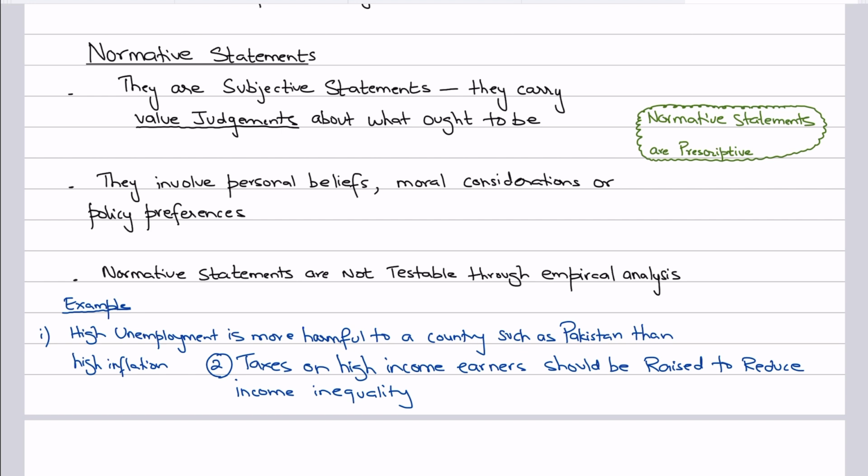So normative statements will always be those assertions, guys, that express value judgments, opinions, maybe prescriptions about what ought to be, unlike positive statements which are based on facts and are testable, right? So normative statements will be subjective and they will involve opinions about what should happen in the economy, how things should happen, or maybe what policy should be adopted.